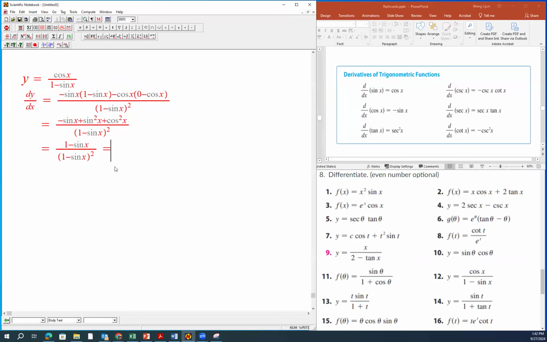We can reduce it provided, of course, we do everything in the domain. Right here, it's not asking for domain, so we're doing everything in the domain. So that's the answer. If you can see, in some situations it can be reduced quite a bit.